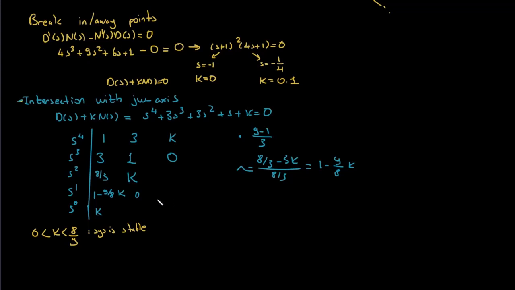And once again, when k is equal to 8 over 9, we have a 0 row.